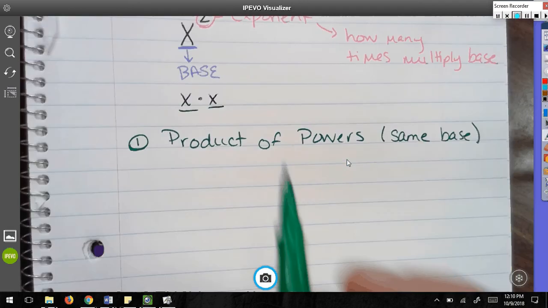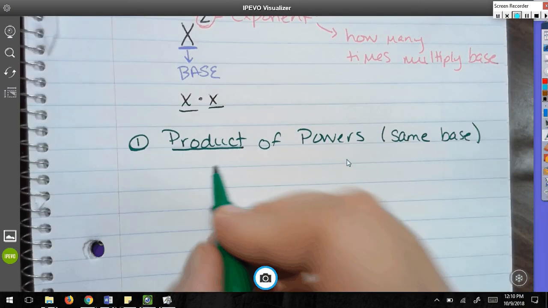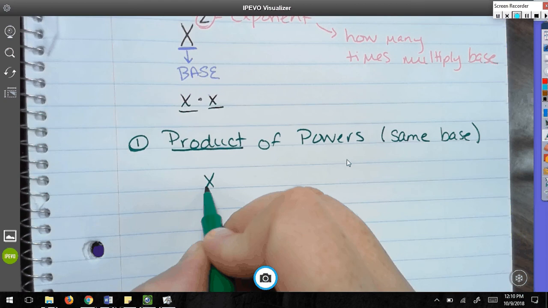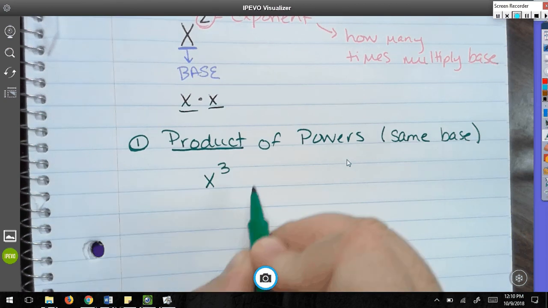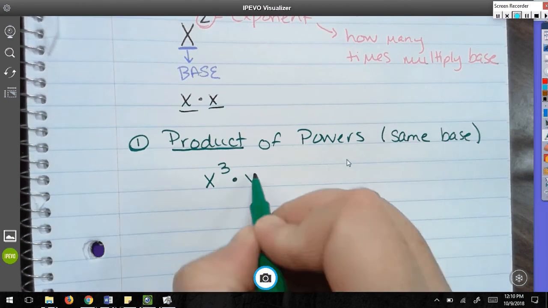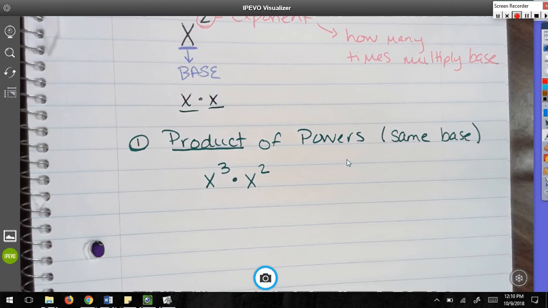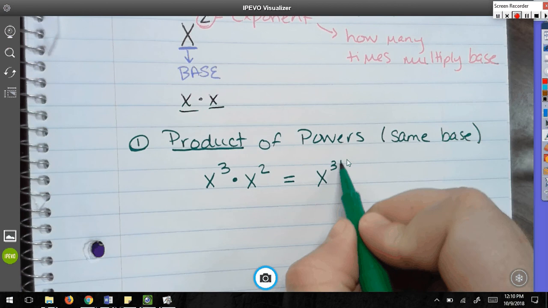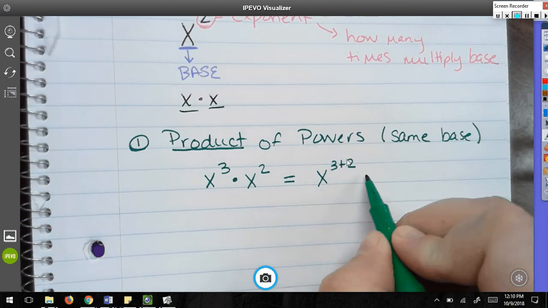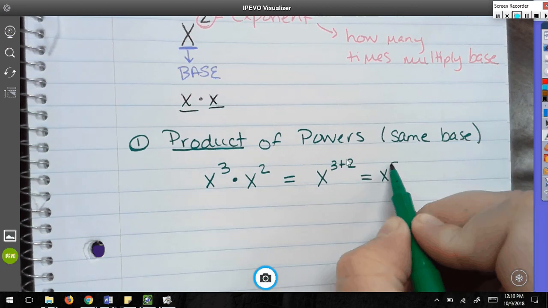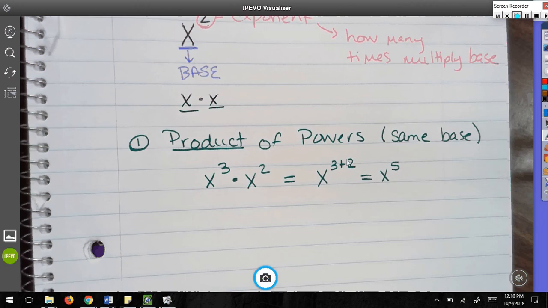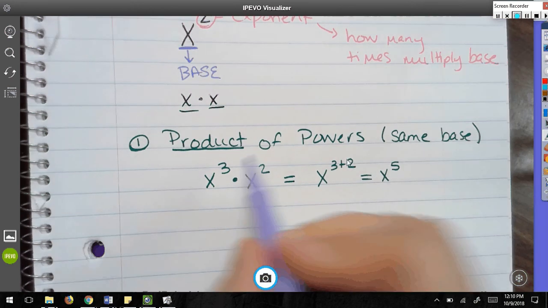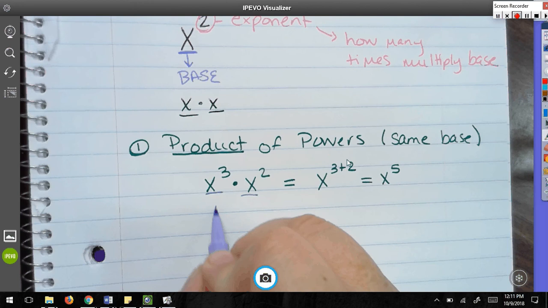If I multiply, because product means multiply, if I take 2 terms that have the same base and multiply them together, then I keep the base the same, but I add those exponents. So this becomes x to the 5th. Be very careful because again, the bases must be the same.